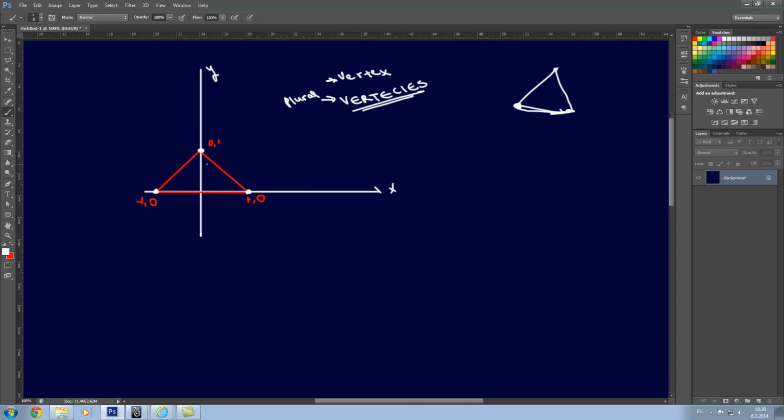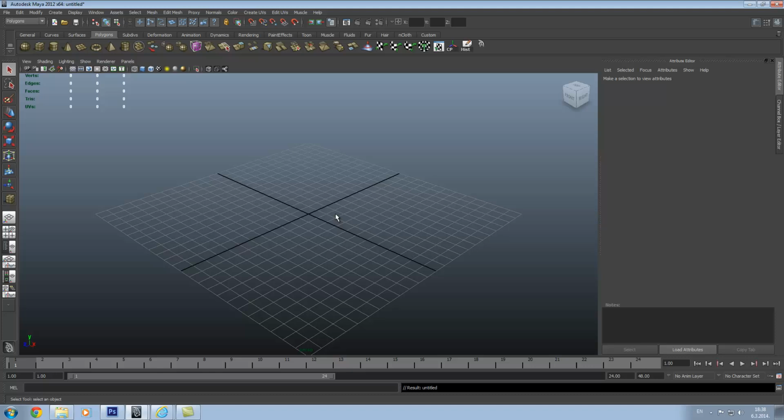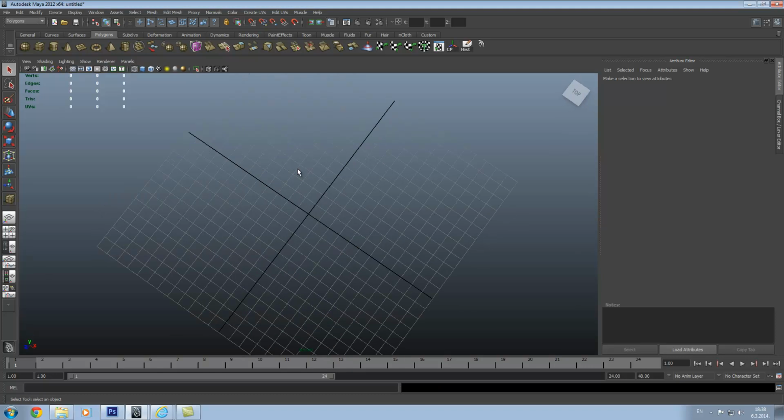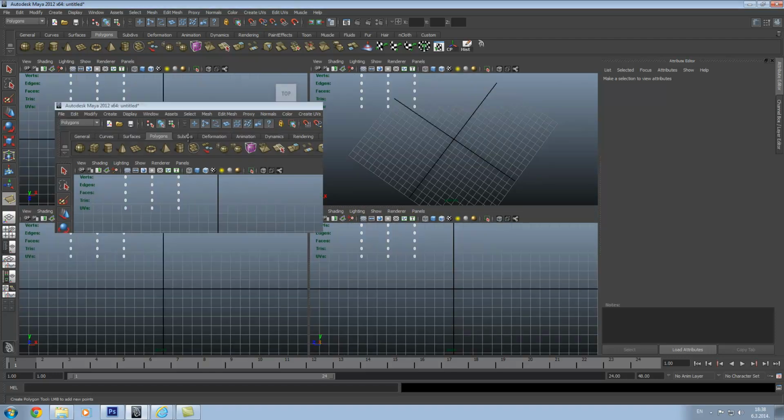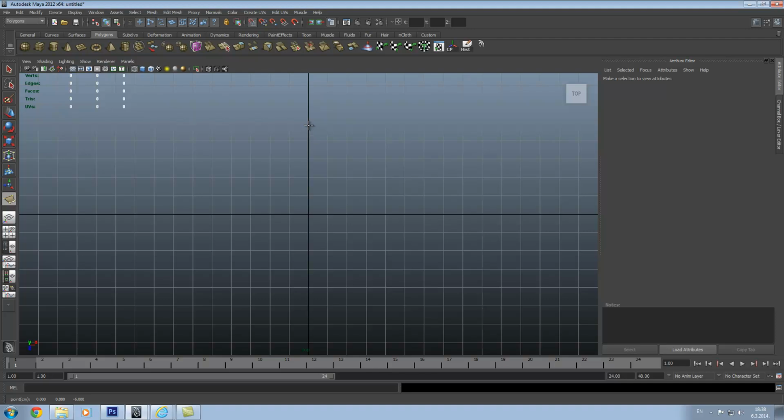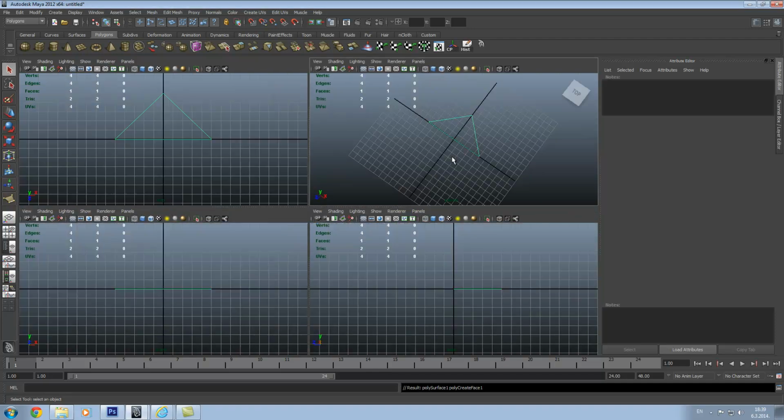The second reason is they are always coplanar. What it means by coplanar is that they could in fact lie on a single surface no matter how you are rearranging those vertices. So if I bring up Maya here for a second, and try to describe a triangle, here's a triangle.